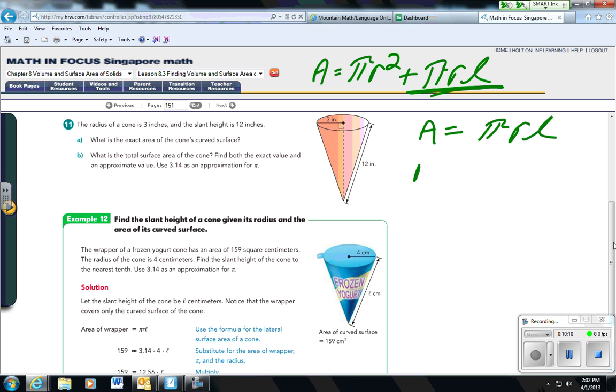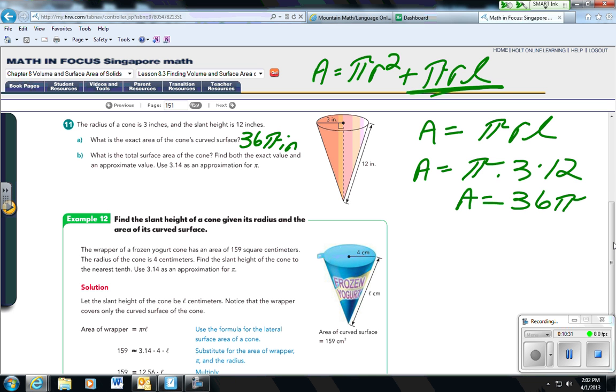And it wants the exact, so we leave pi alone, times that by the radius, which is 3, times that by the slant height, which is 12. So A equals 3 times 12 is 36. So 36, and then attach the pi to it for the exact. So the exact is 36 pi inches squared. Okay?